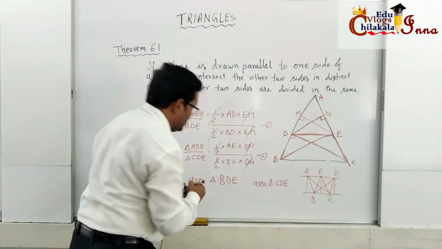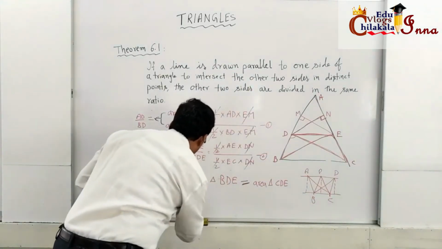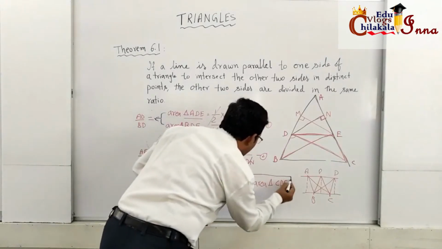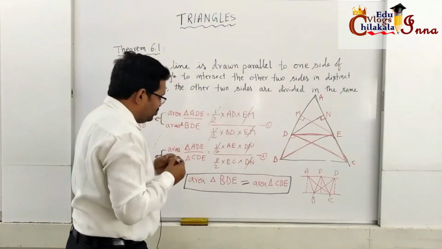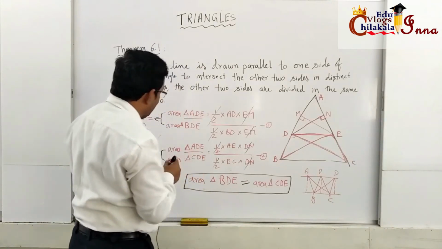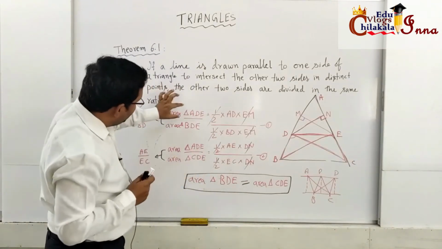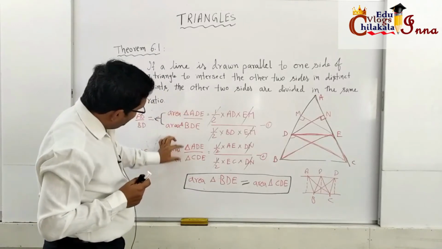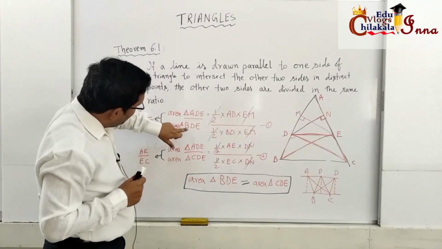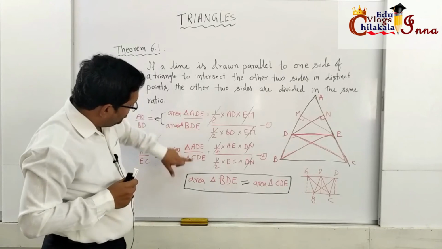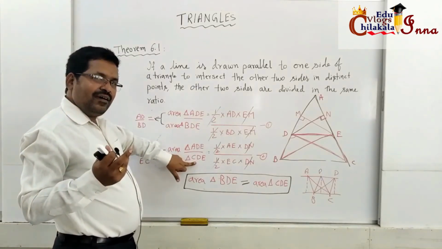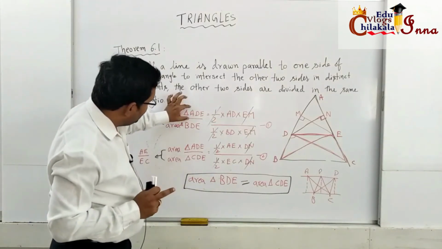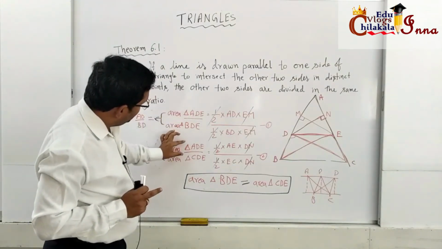These two triangles' areas are equal. Now look again at ADE by BDE and ADE by CDE. We have proved that BDE is equal to CDE in area. Got it?